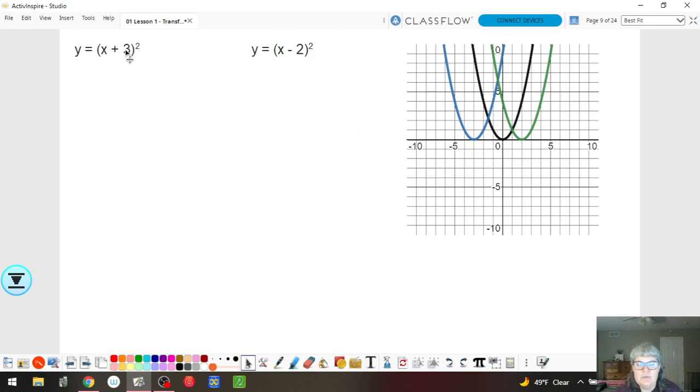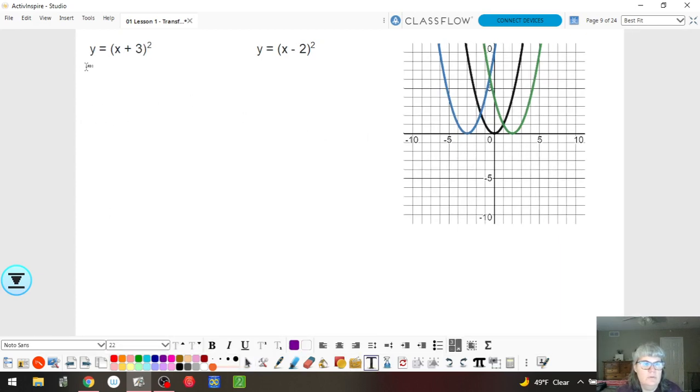This x plus 3 squared is that blue curve, where that x is negative 3. And our table looks like this. So x, parentheses, x plus 3 squared.